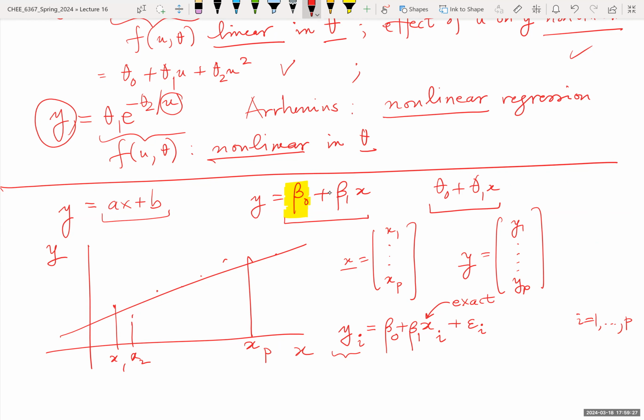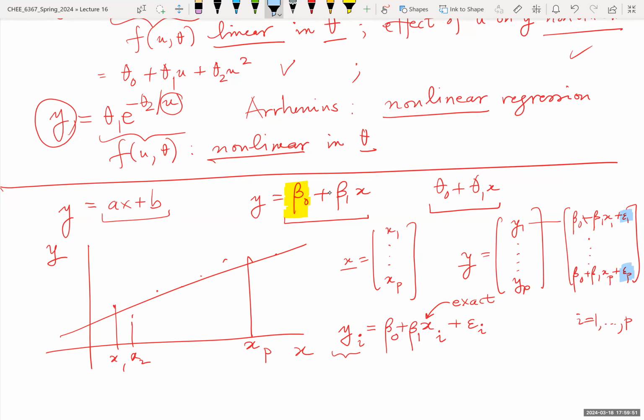So you're going to get y1 essentially is beta 0 plus beta 1 x1 plus epsilon 1, all the way to yp equals beta 0 plus beta 1 xp plus epsilon p. Unfortunately, you don't know these epsilons.